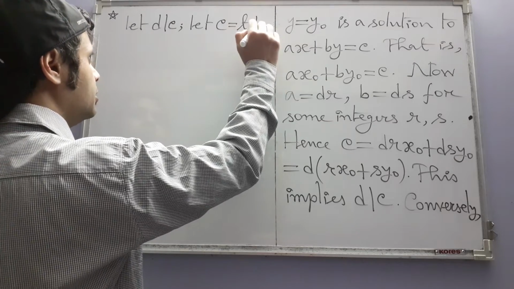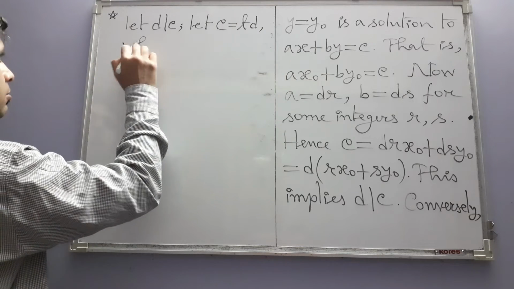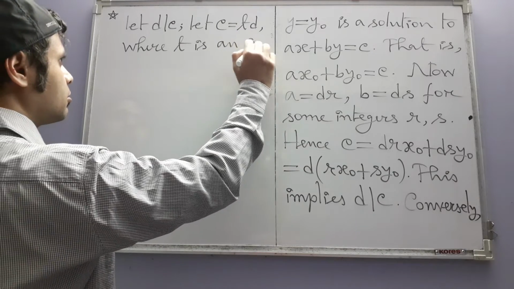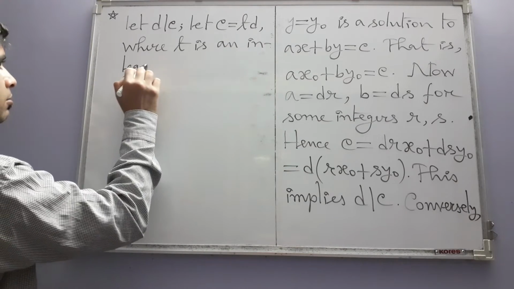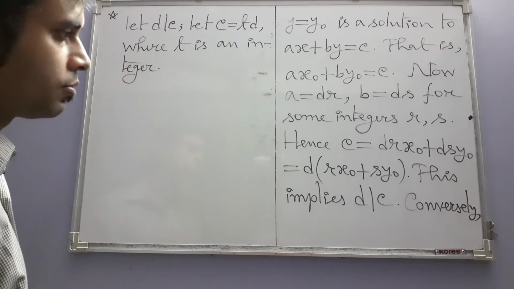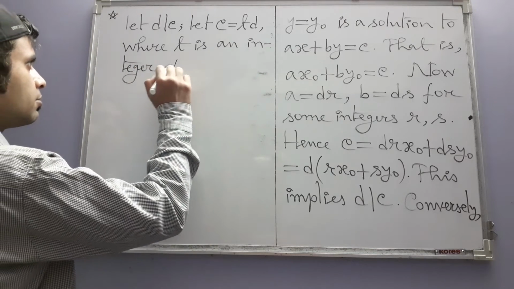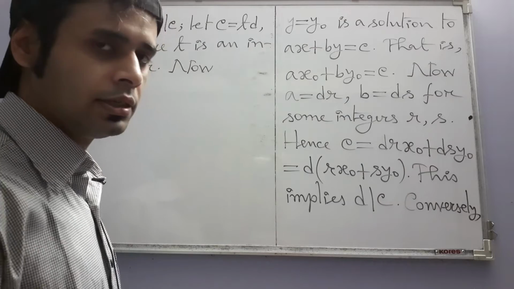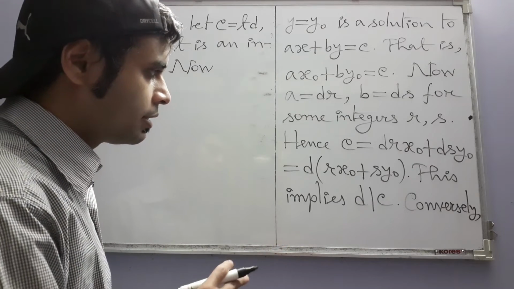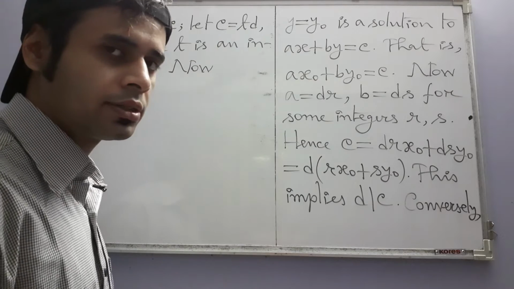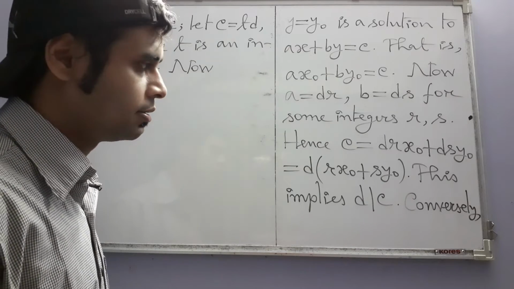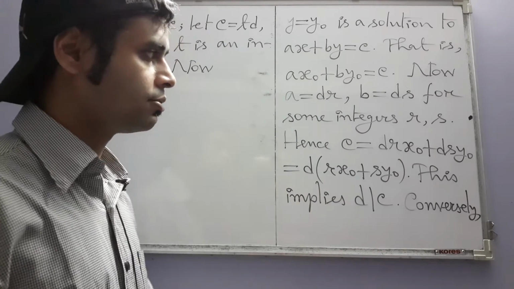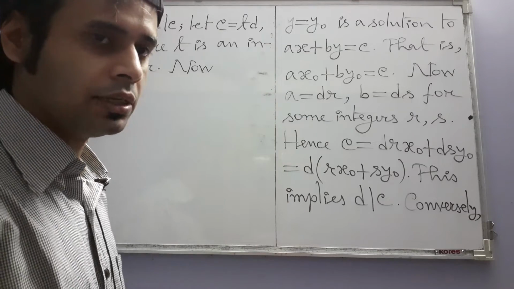Let c equal t times d, where t is an integer. Okay. Now we have to use a fact that we already know about GCDs, namely that the GCD of a and b is a linear combination of a and b with integer coefficients, and very nicely that fact would immediately lead us to the equation ax plus by equal to c.